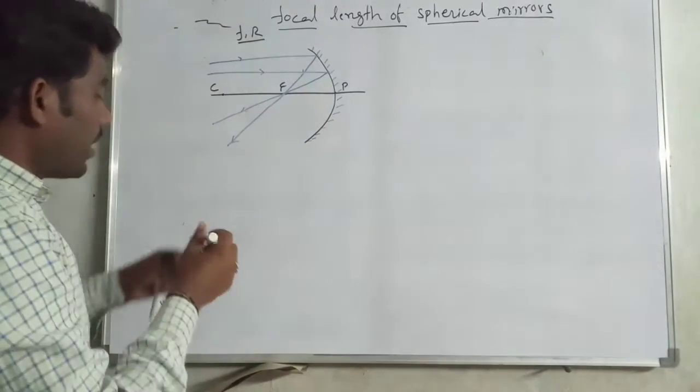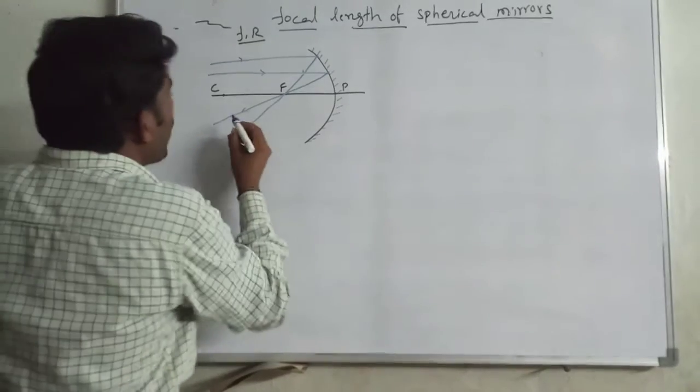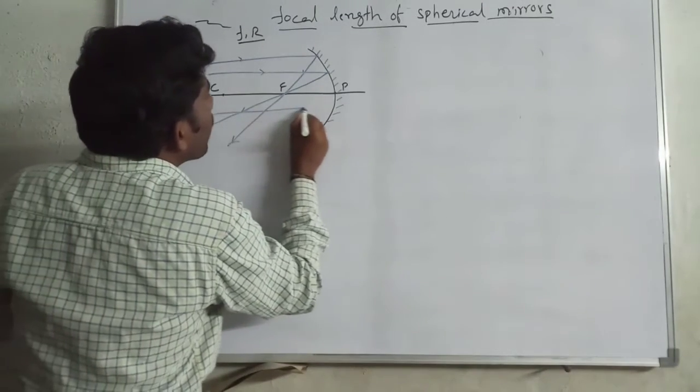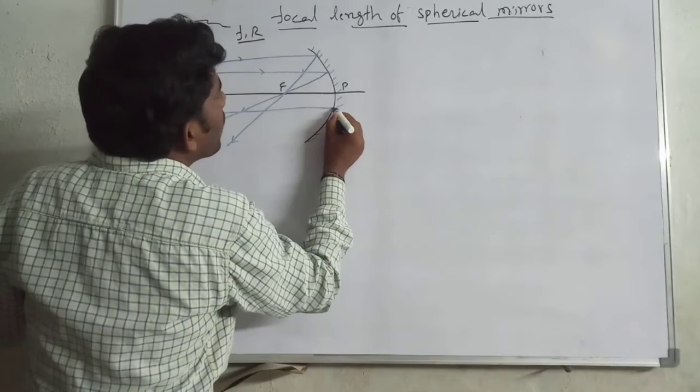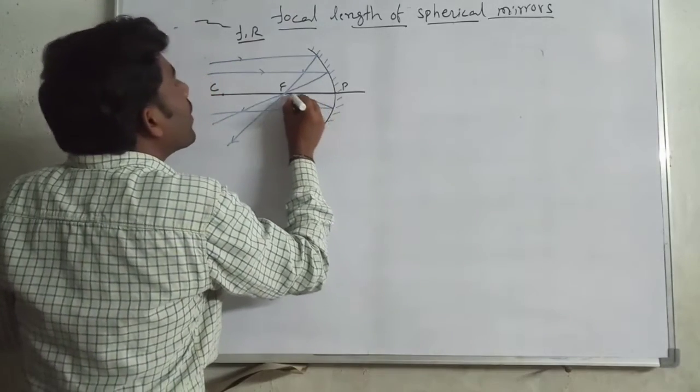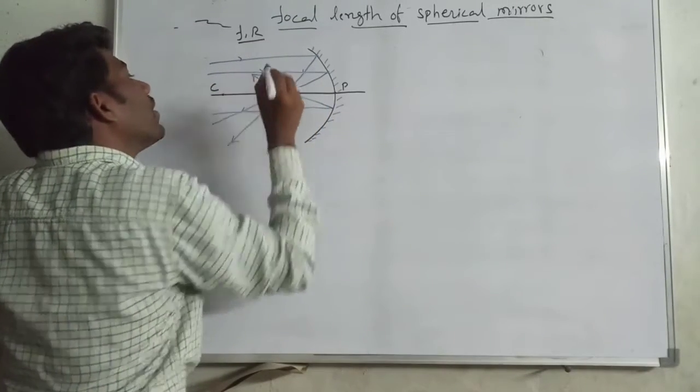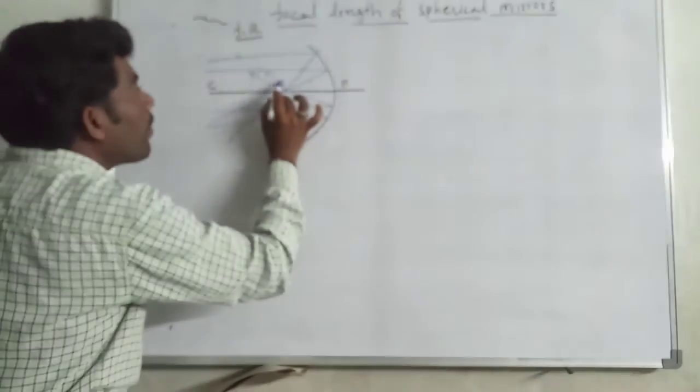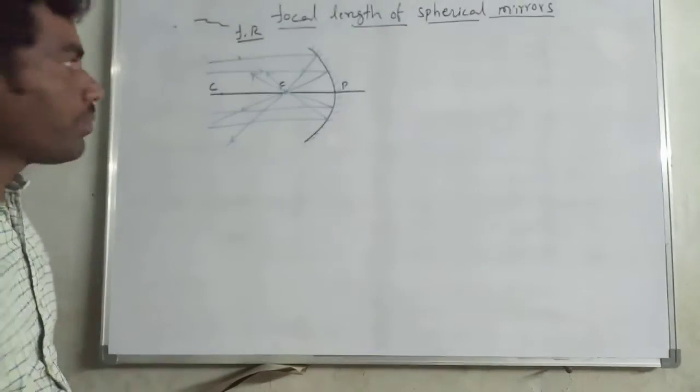Then other rays fall on the mirror and get reflected. After reflection, all the rays coincide at this point. This point we will call the focal point.